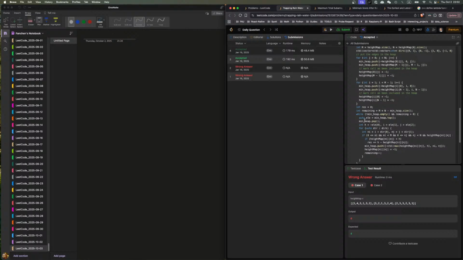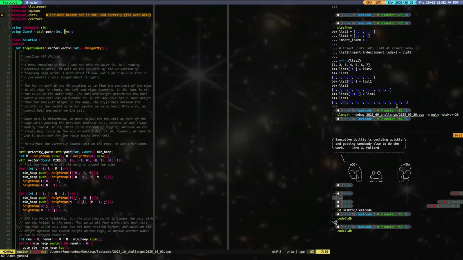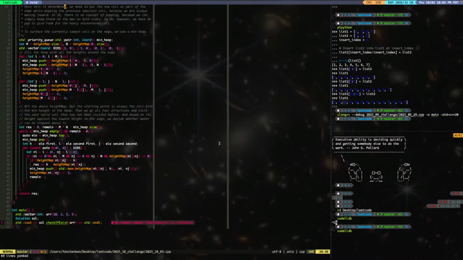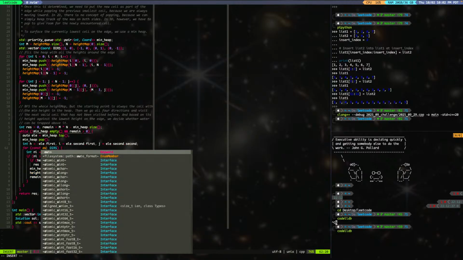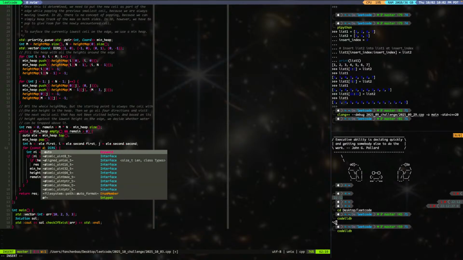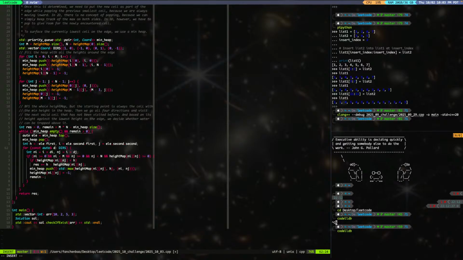I'm back trying to figure out why it didn't work. I mean, this is how I wrote it before. It looks... I think the only possibility is this thing. So I am not going to do this. I am just going to say... and then I'll do dir first and dir second.